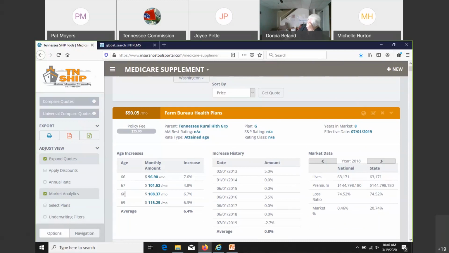So you can see how somebody could get on one of those attained age plans because they think this is going to be the least expensive plan for me, and don't get the information that it will go up each year. So that is something that we need to keep in mind when we're counseling beneficiaries: yes, this may be the least expensive currently, but it may not be the least expensive in the future.